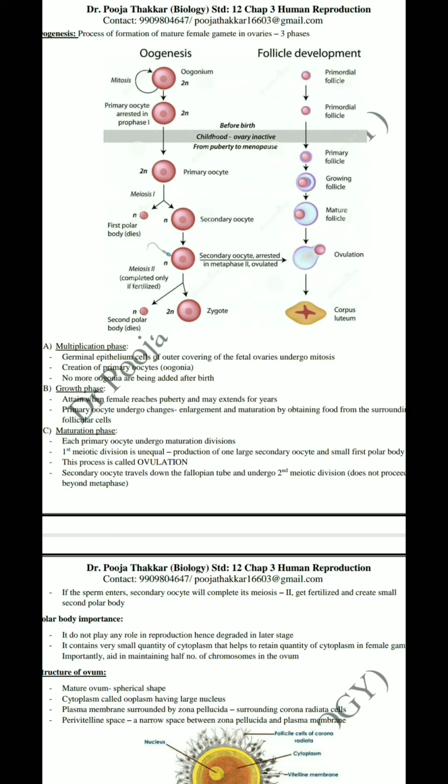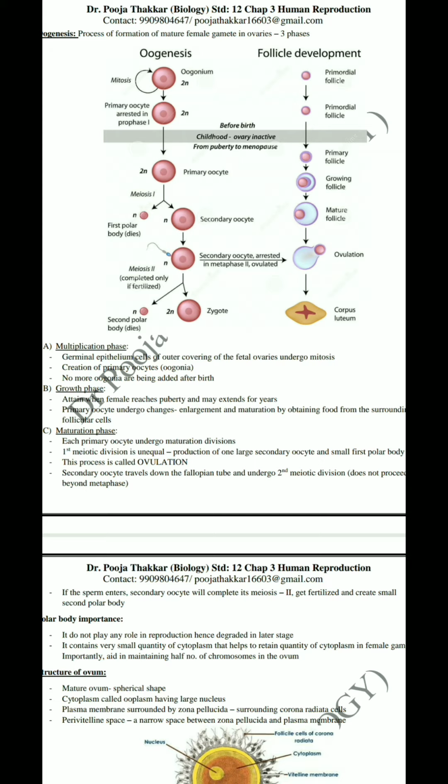So the merging of nuclei occurs, leading to formation of the zygote, which is 2n in nature. At the end of meiosis 2, the second polar body forms. Later, both polar bodies, if not required, soon die. So this is what happens in the case of fertilization.